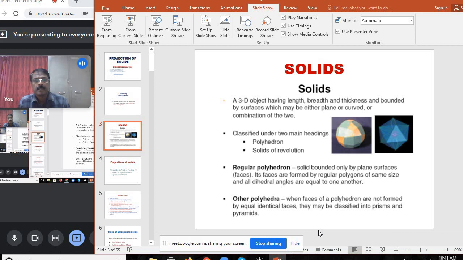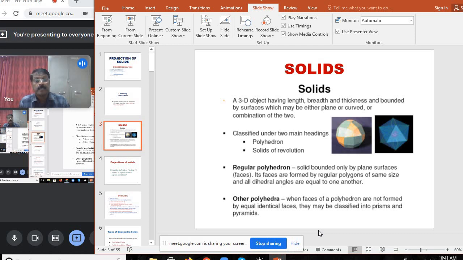What are regular polyhedra? A solid bounded only by plane surfaces or faces. Its faces are formed by regular polygons of the same size, and all dihedral angles are equal to one another. All the sides are equal and all the angles are equal; that is called a regular polygon.